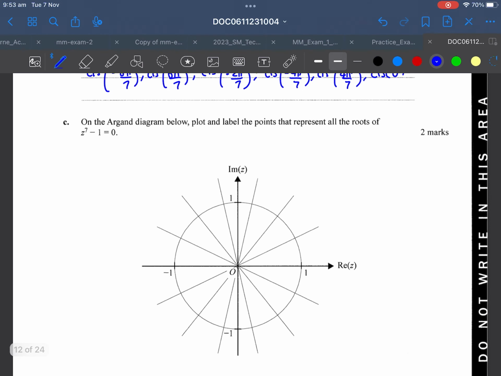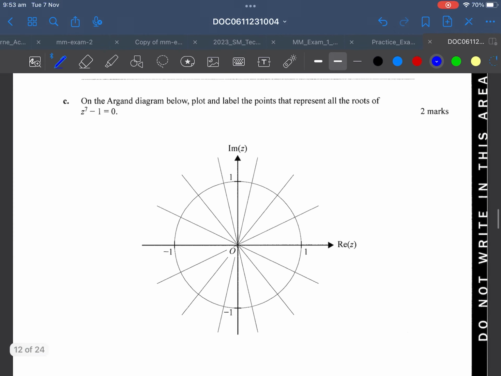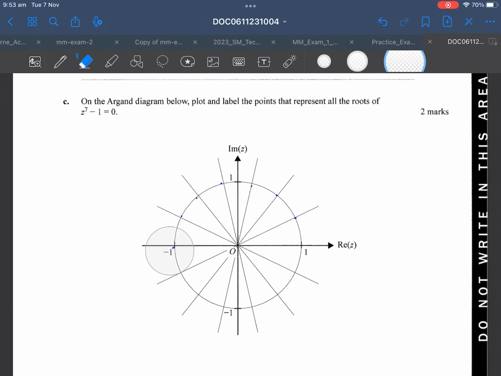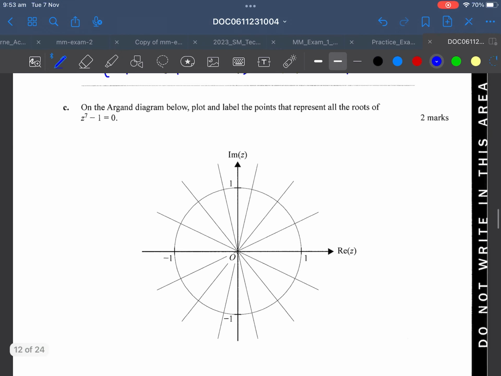Okay, so on the Argand diagram below, plot and label the points that represent all the roots of this. We already have all the roots over here, and this is 1, 2, 3, 4, 5, 6, 7. They have given us a good Argand diagram plane as well.